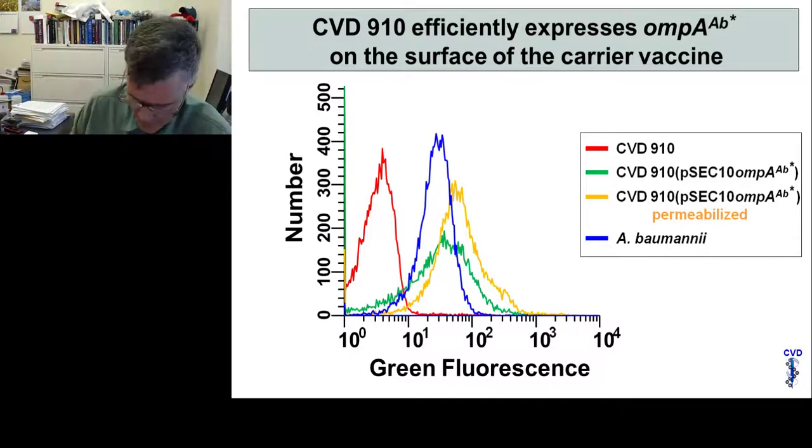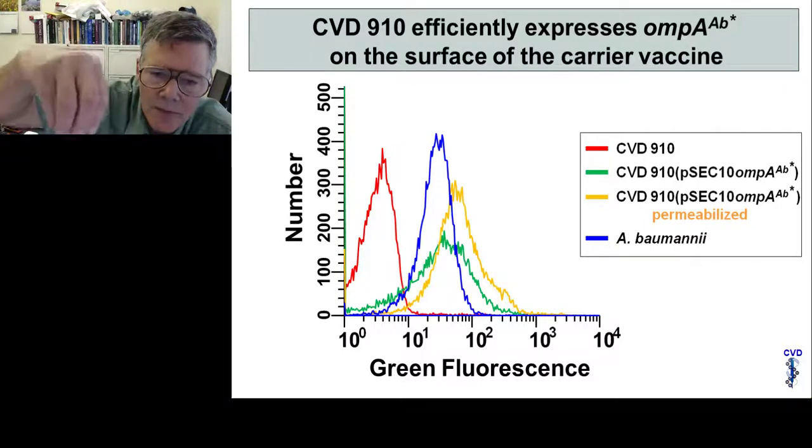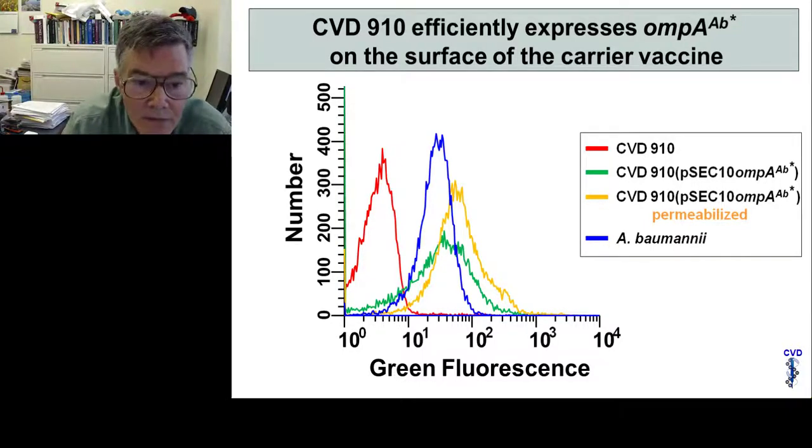And as you would expect, antibodies against AMP from baumannii do not cross-react with Salmonella Typhi AMP, so there's no fluorescence here. When we introduce our low copy number expression plasmid expressing altered AMP from AB so that it's been engineered not to interact with the peptidoglycan layer, we get very, very good expression on the surface, okay?